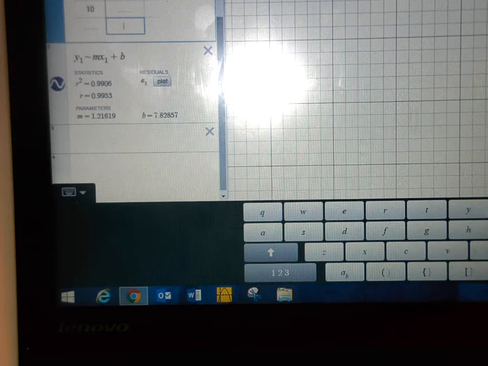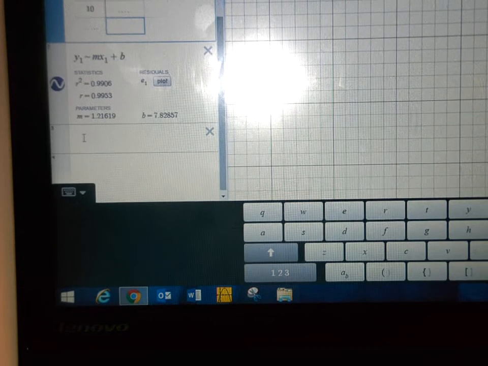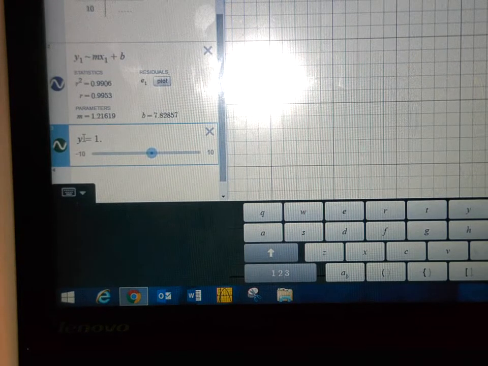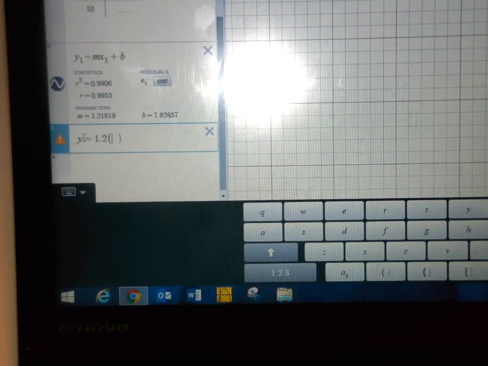Did we write an equation? Yes. So, what we're going to do is use our equation to find the answer. So, y equals, what was my m value? M was 1.2, correct? We're just going to round it to the nearest 10th. Now, it's after 10 months.